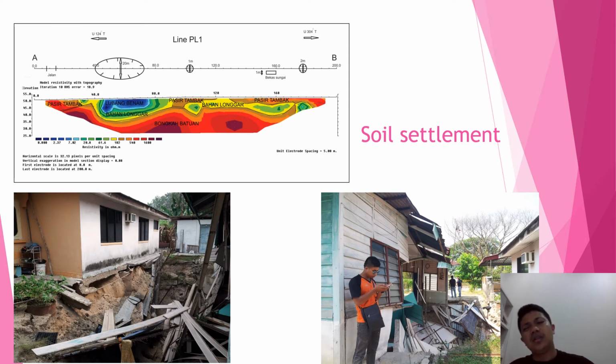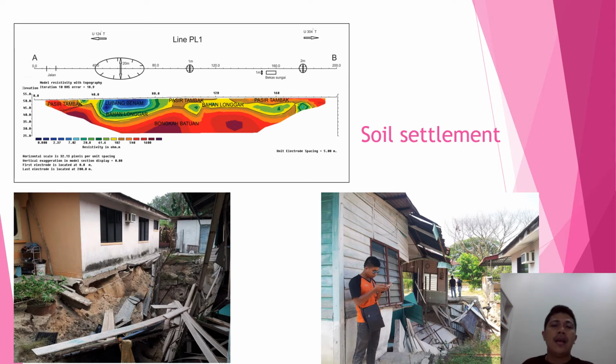So the house collapsed last time on Deepavali day, I think 2012 or 2013, something like that, somewhere in Ipoh. So we use the resistivity method to map where is the lubang benam or sinkhole.